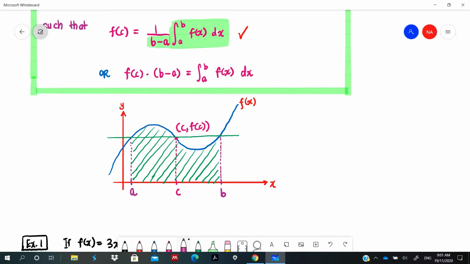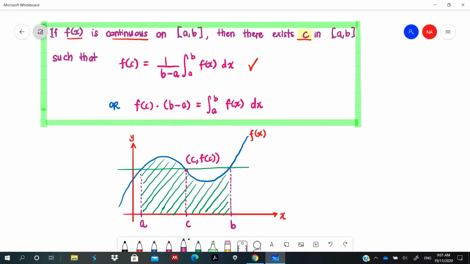We should note that we have the formula f(c) equal to 1 over b minus a times the integral from a to b of f(x) dx. We can move this b minus a to the other side, so we have f(c) multiplied by b minus a equal to the integral of f(x) dx over a to b.